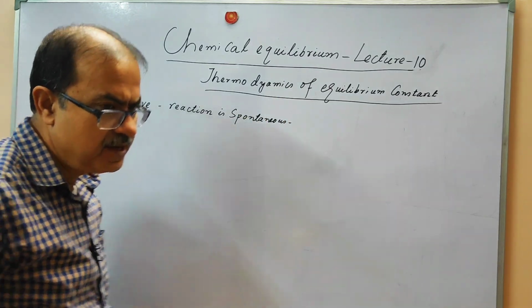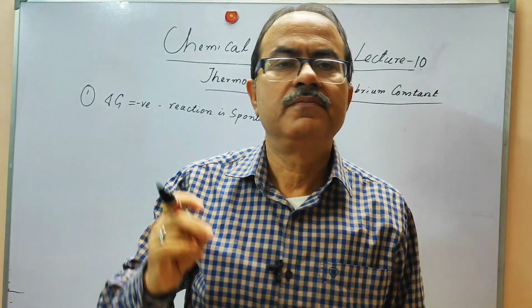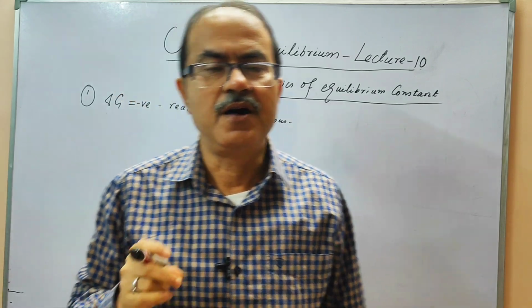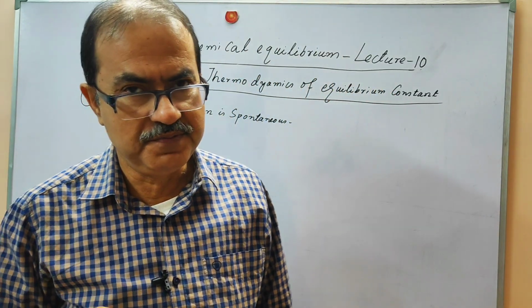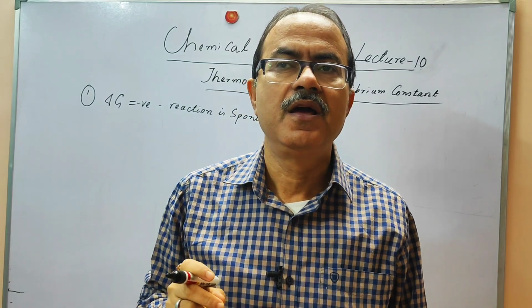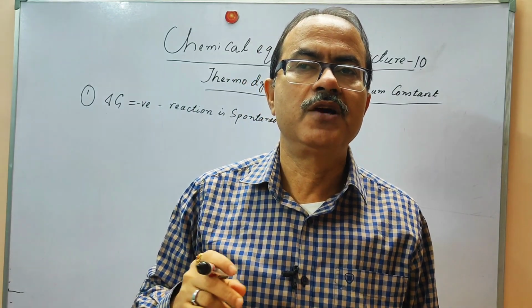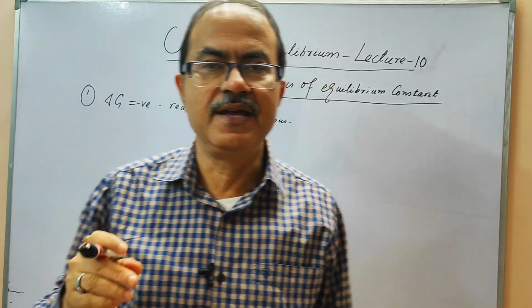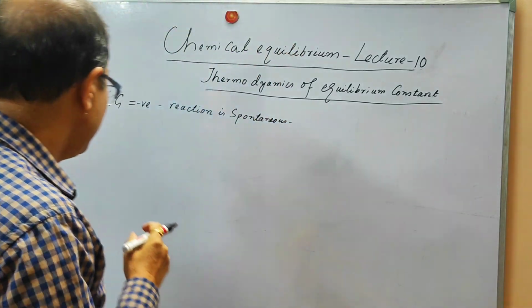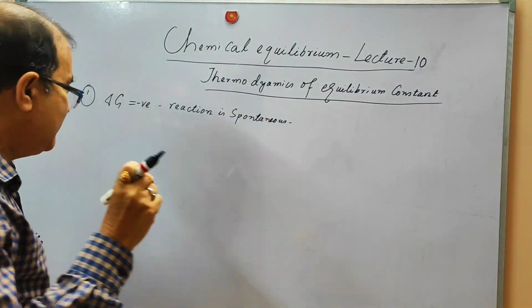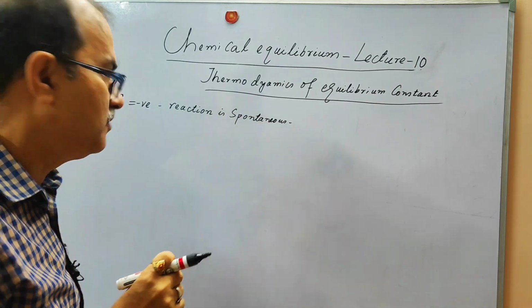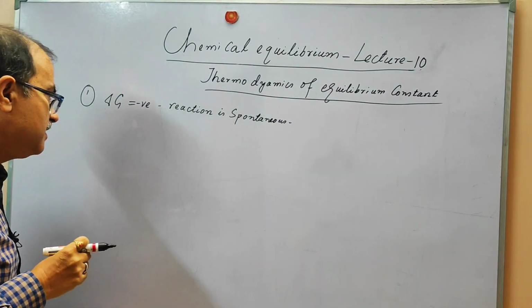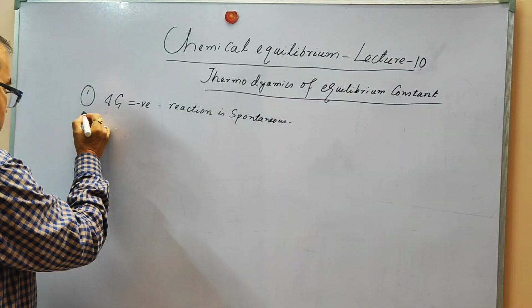This means that the forward reaction is very much effective in that case, that it will produce much more product than reactants. That is why we say when del G is negative, the Gibbs free energy change is negative, then the reaction is spontaneous.